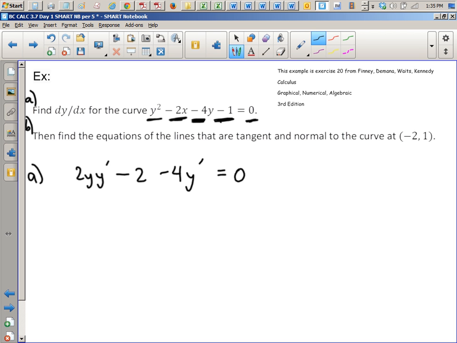Notice there is one term in the middle that does not have a y prime. Let's move him to the other side. So we get 2y prime minus 4y prime is equal to 2. You can factor out a y prime or a 2y prime, your choice.